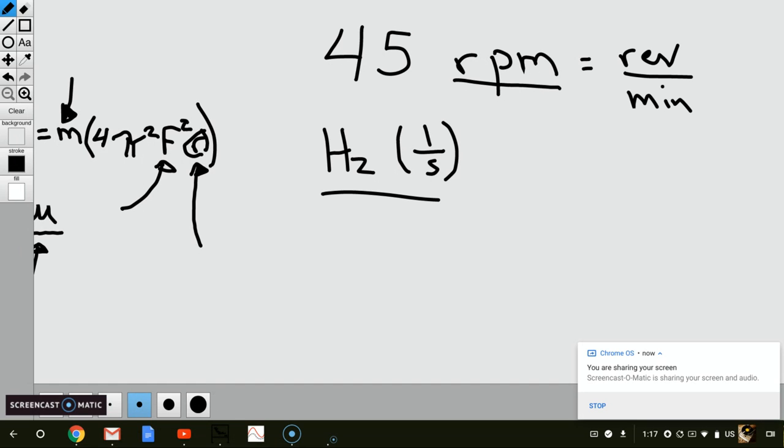That would be hertz. So in order to get RPM into hertz, you simply do a little dimensional analysis.